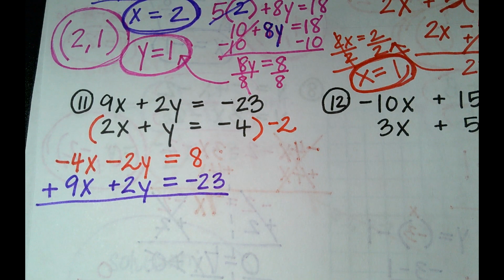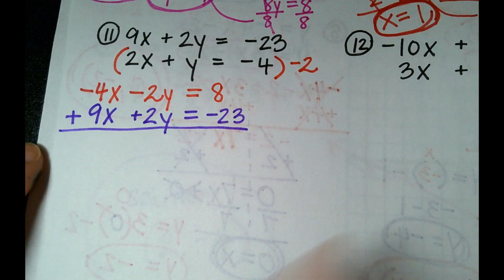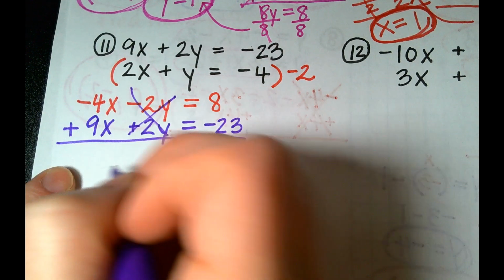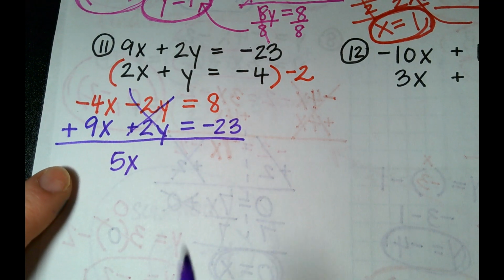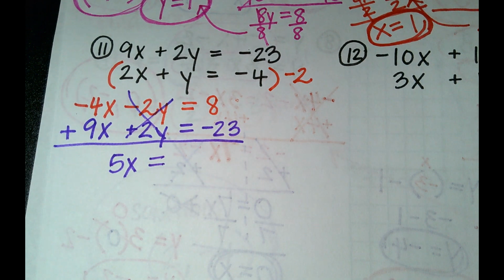And we're just going to add these together. So negative 4x plus 9x, 5x. My y's cancel. Bring down my equal sign, and 8 minus 23, negative 15.